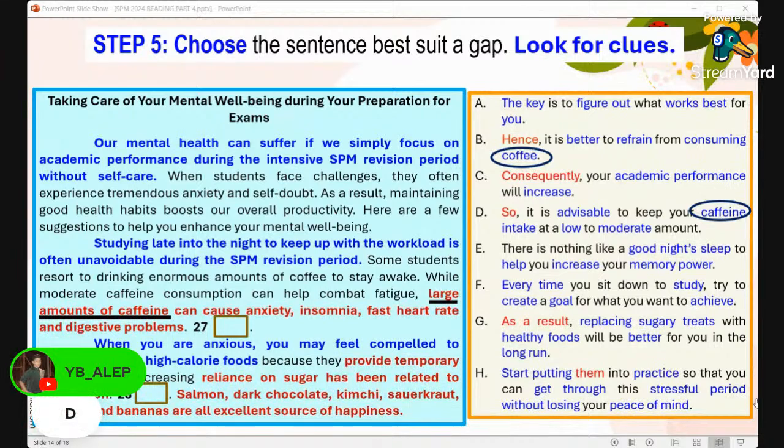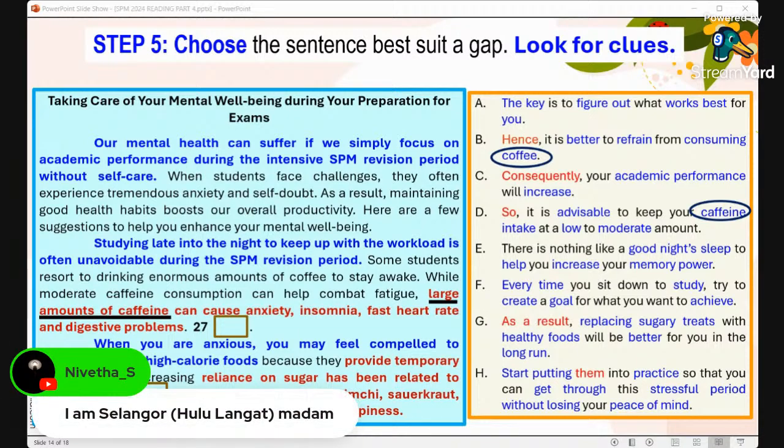B or D? Okay, Yang Berhormat is saying that it is D. They have a Yang Berhormat among our YB. Okay, Nivita. Selangor, Ulu Langat. Ulu Langat is my place. I'm also in Ulu Langat. So Nivita, drop by and say hi to me. Where in Ulu Langat, you find out. I also don't know where.